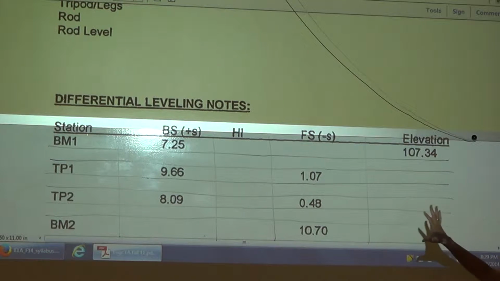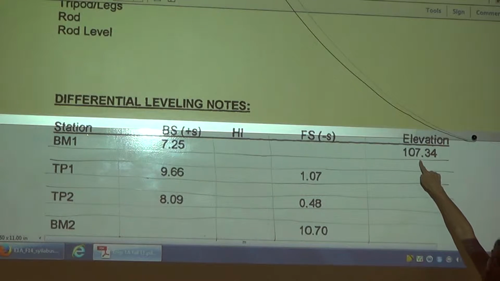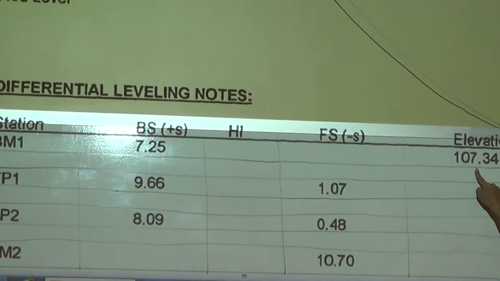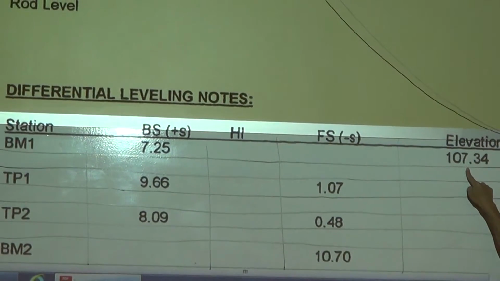So looking at these numbers up here, what do we first know when we get to a job site? We know the elevation of the benchmark. We need to know 107.34. Okay? So we set up our equipment between the benchmark and what? The turning point 1, and what's your first measurement?